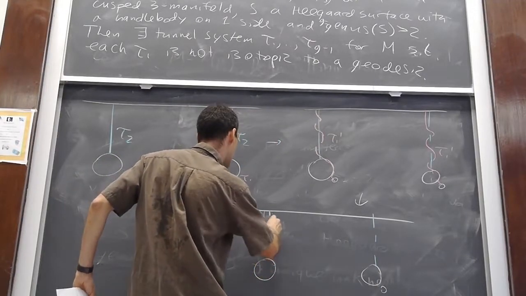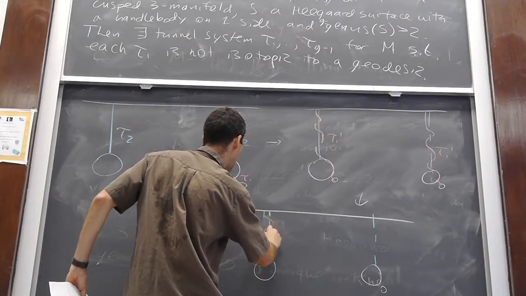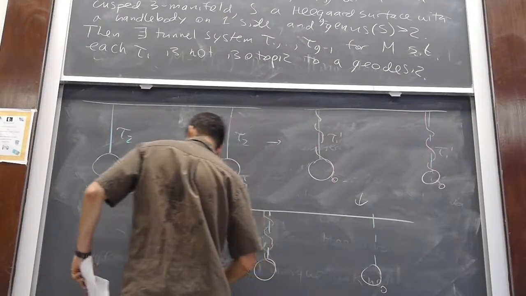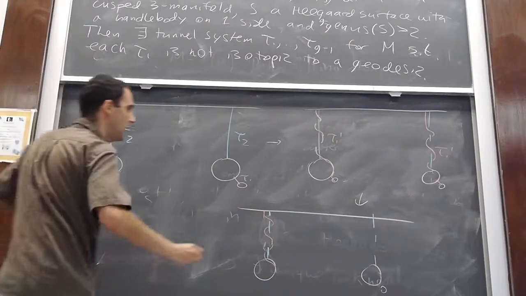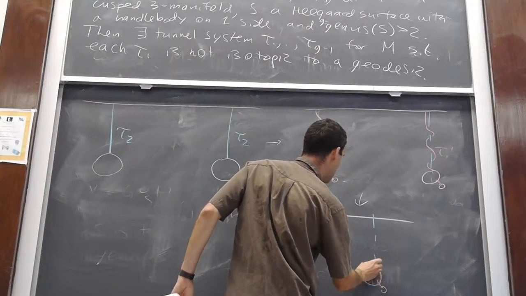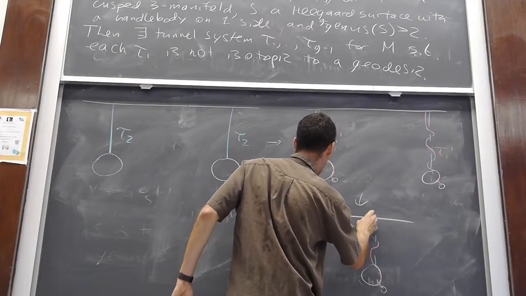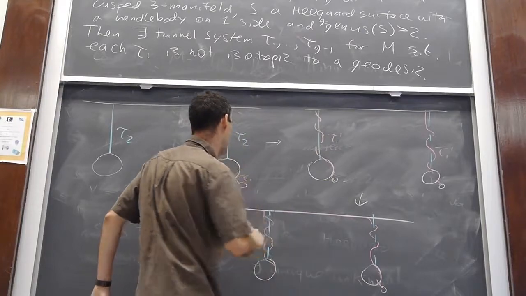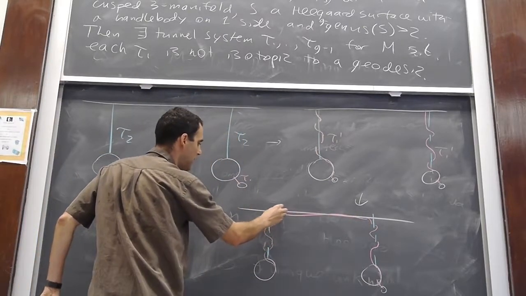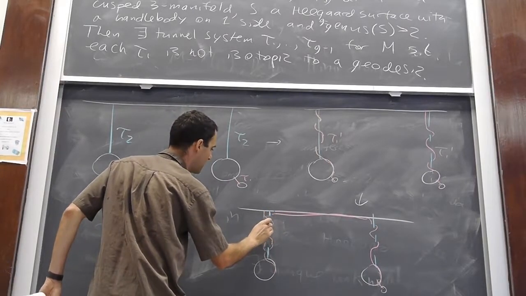A smidgen more. I apologize for going a couple minutes over. So this, that, and now I'm going to take my red one. It's already gone all the way over here. I'm going to drag it here, and I can slide it back along the blue one down this way, but now it's becoming intertwined with a different lift of itself.